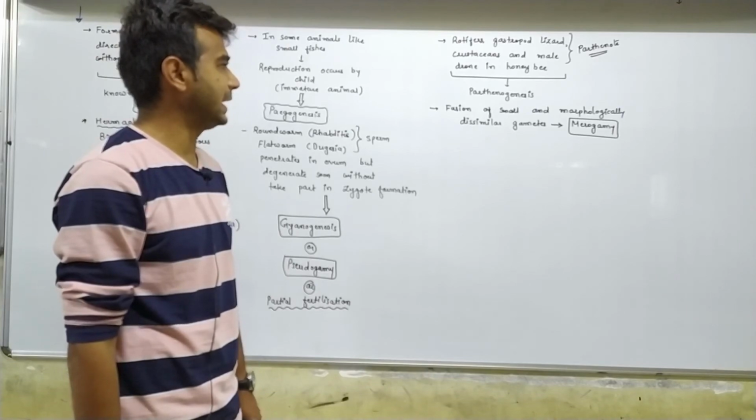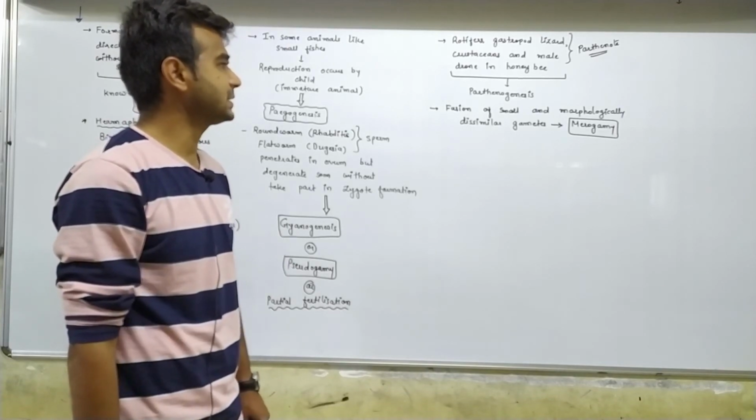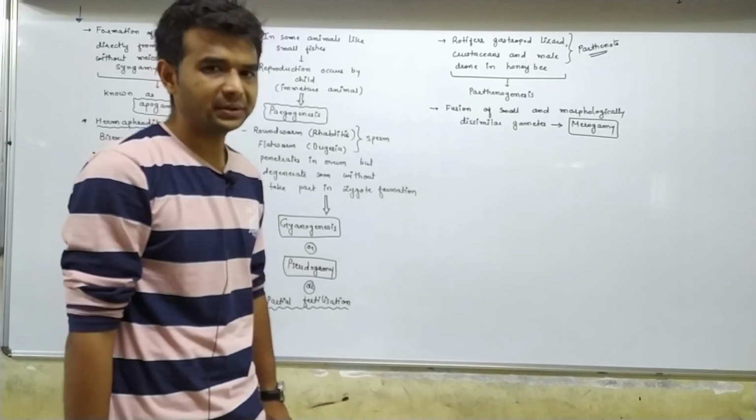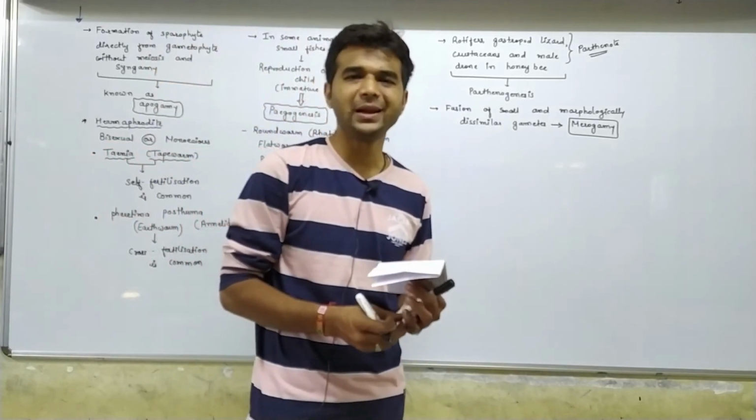Fusion of small and morphologically dissimilar gametes: this procedure is known as merogamy.